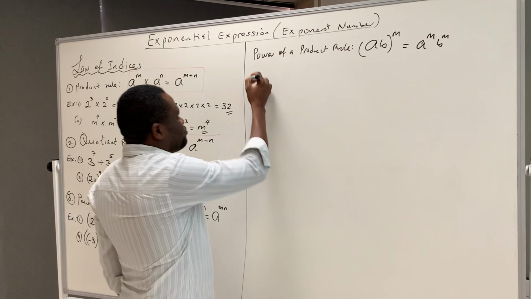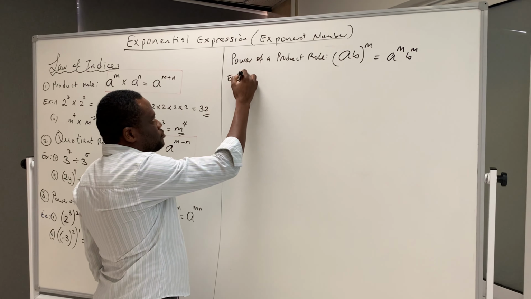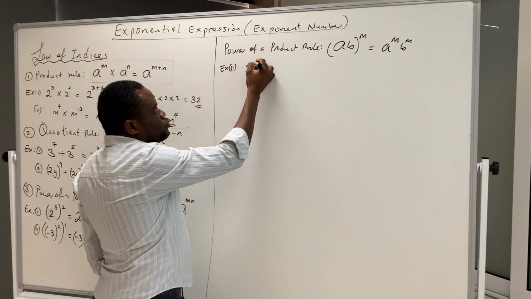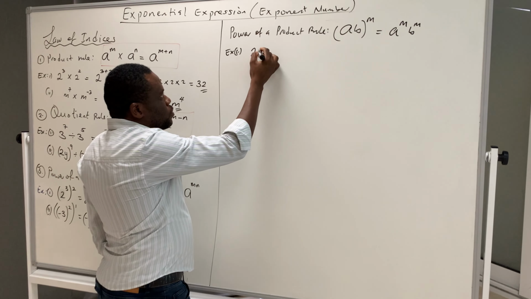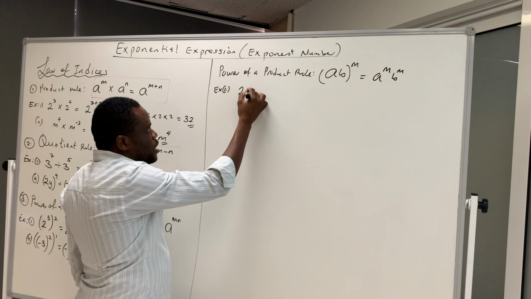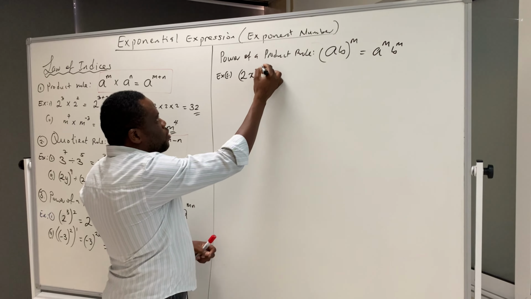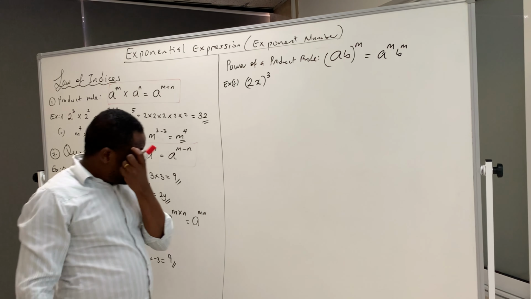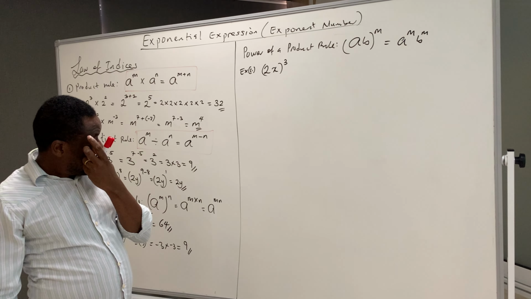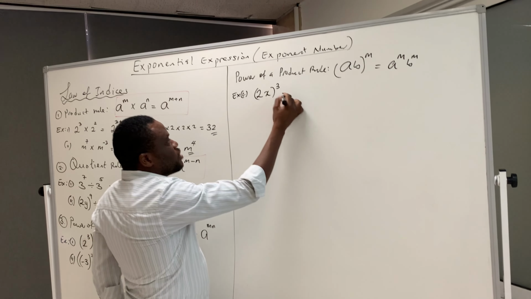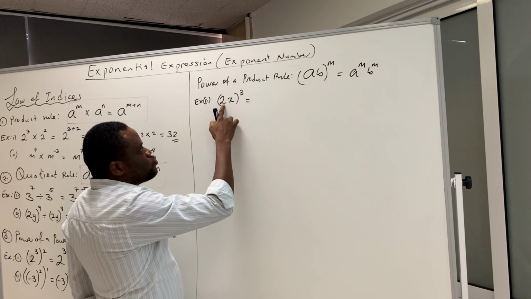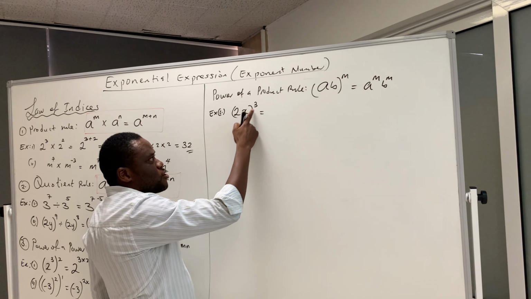A good example: (2x) to the power of 3. These 2 share this 3. This x also shares this 3.